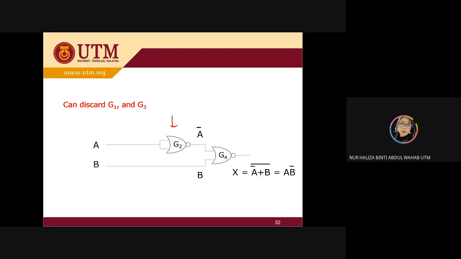Okay, we look into this example. Let's say the question asks you to change the odd level to use the dual symbol. So you need to know that if it is a NOR gate, you're going to have a negative AND gate. So it's going to change only the odd level. This is the odd level. So I change it to be AND, but it will have the negative there.